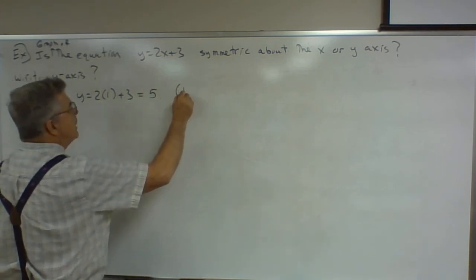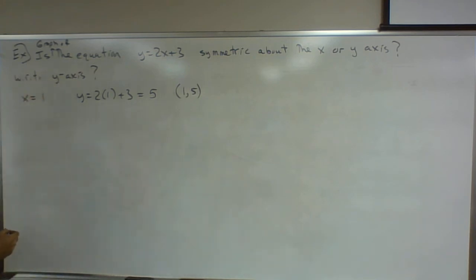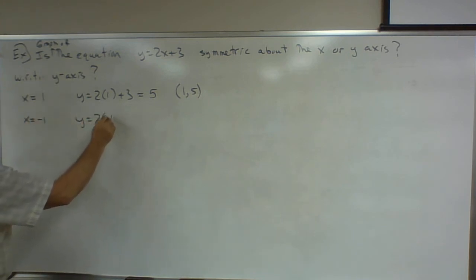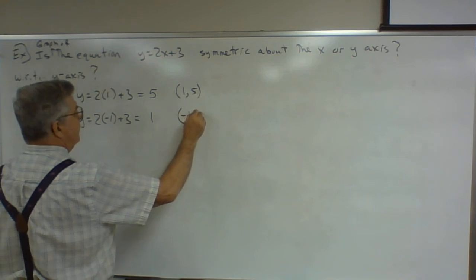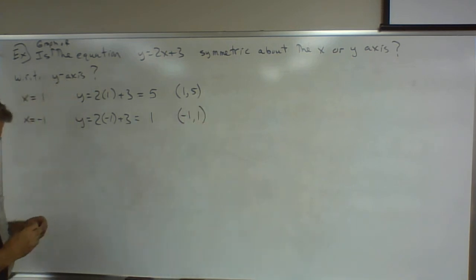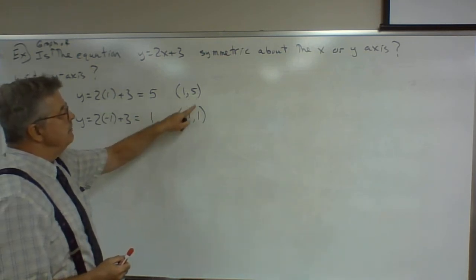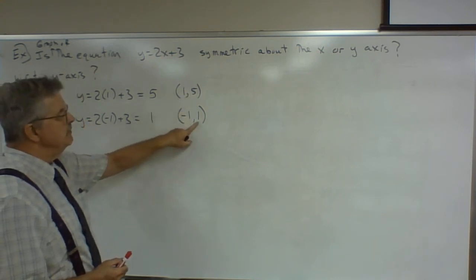So when x is 1, y is 5. What about x equal negative 1? Negative 2 plus 3 is 1. We took an x value, plugged it in. We took the negative of the original x value and plugged it in.